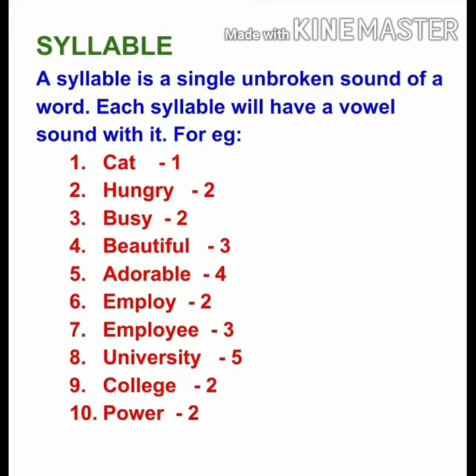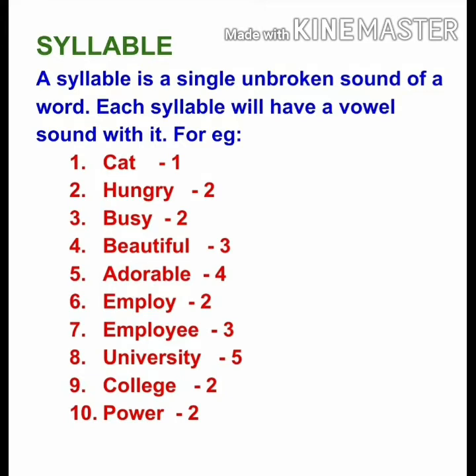When I say donkey, after don, there's a small, slight pause. Each sound before and after the pause is a syllable. And remember, children, all syllables will have a vowel sound with it.